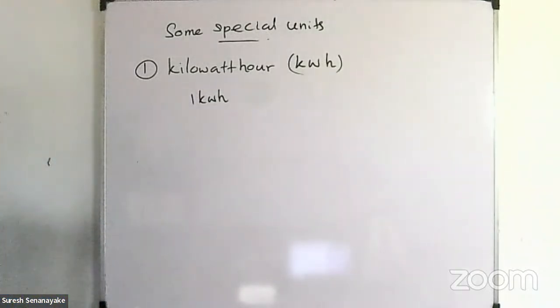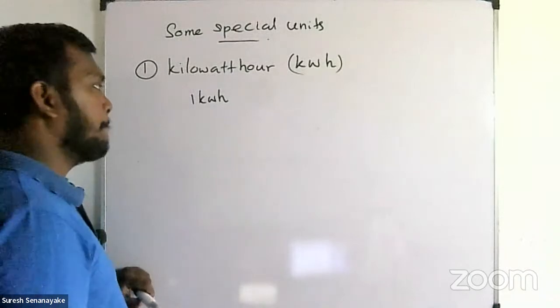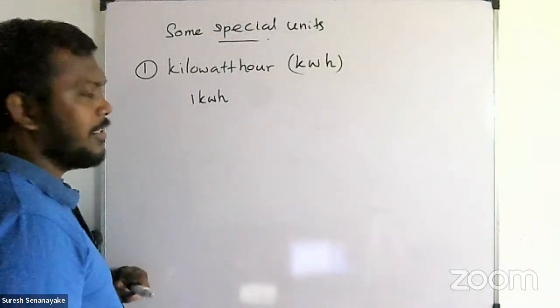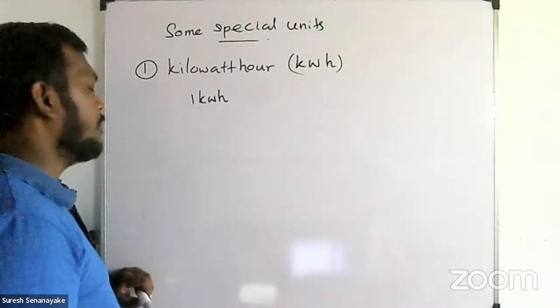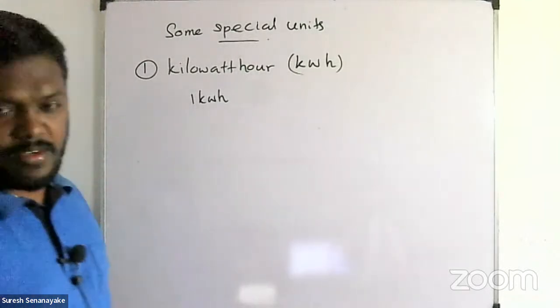That 1 kilowatt hour means the energy consumed by an electrical device of 1000 watt power.